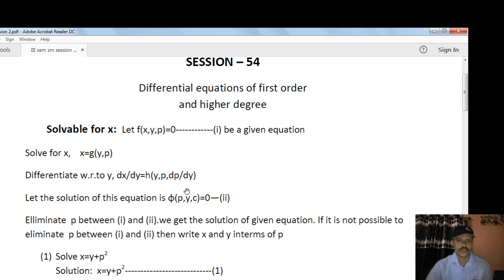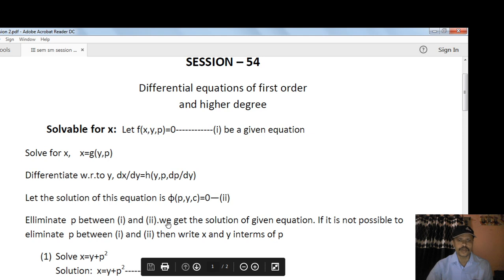Therefore, the solution is of this format: function of p, y, c is equal to 0. Call this as 2. Now the equations 1 and 2 contain p. Eliminate p between 1 and 2. The equation we get is the solution of the given equation. If it is not possible to eliminate p between 1 and 2, then write x and y in terms of p.